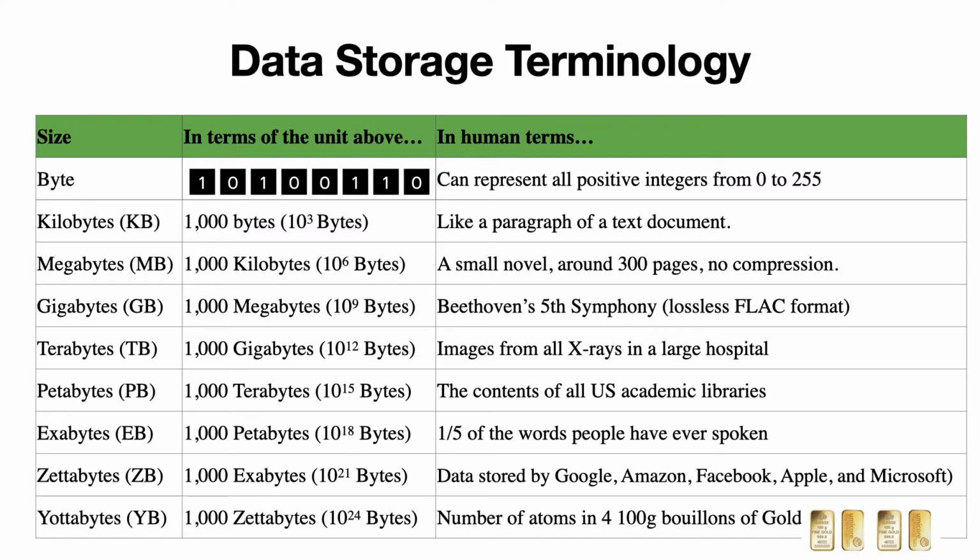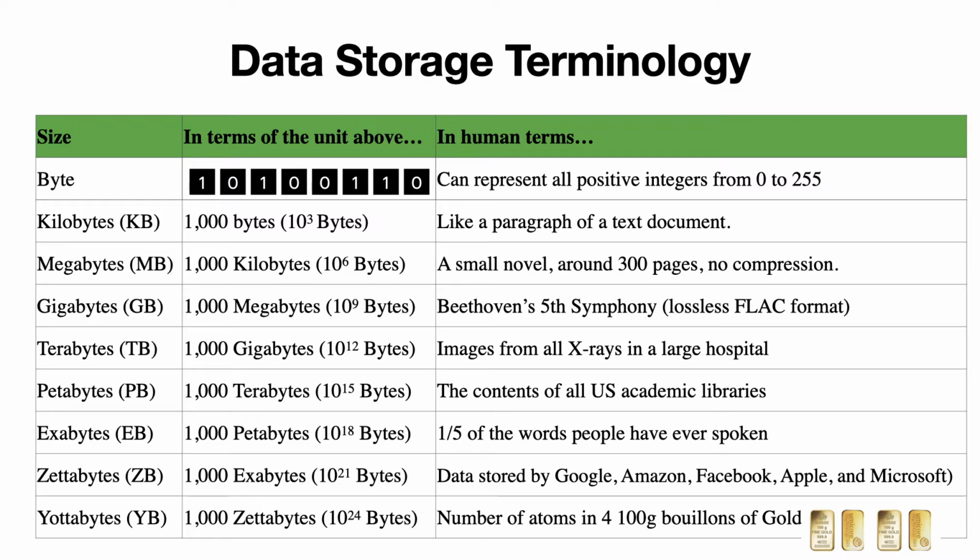1 petabyte is roughly the amount of storage that a cluster has today. It's 1000 terabytes. Basically the contents of all US academic libraries would fill that storage.